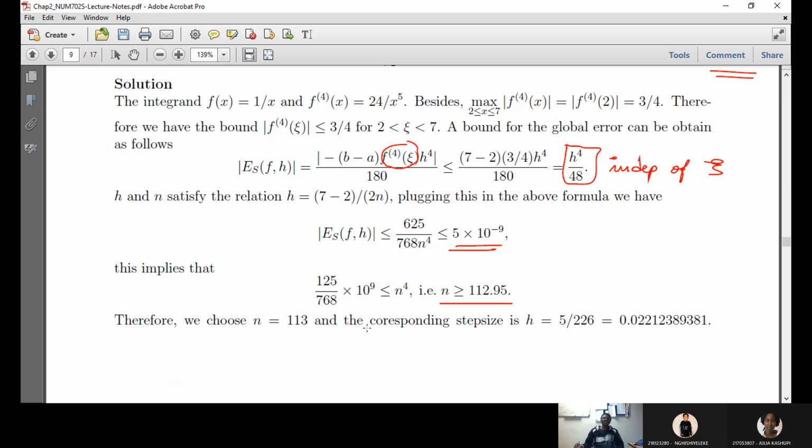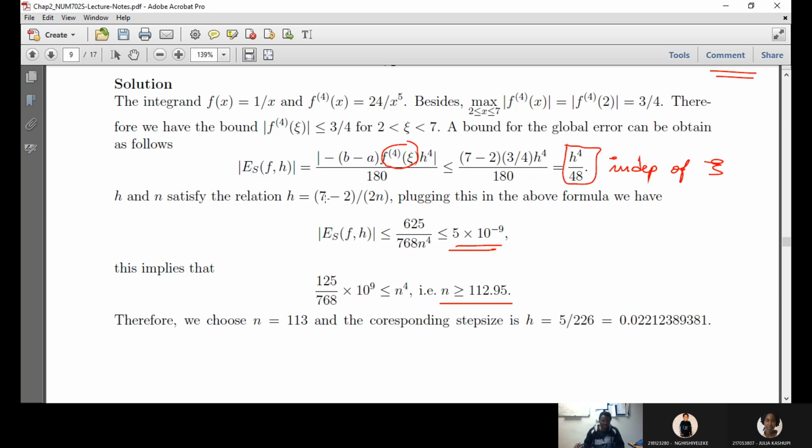Now, to get my h, because we want n and h, I just go back to the expression of h and substitute the value of n. 2n will be 226, because we multiply this by 2.